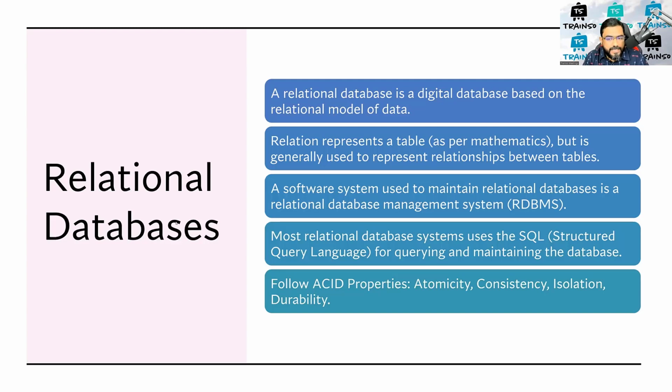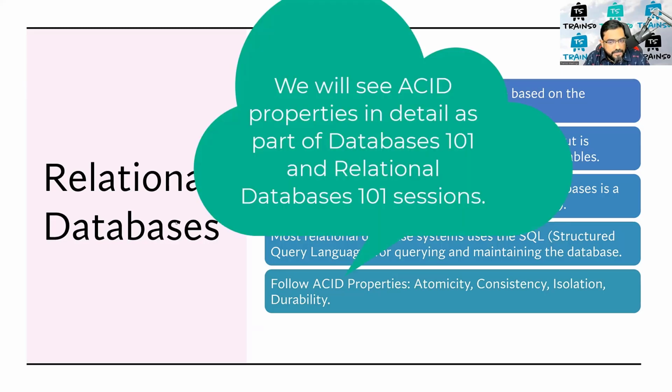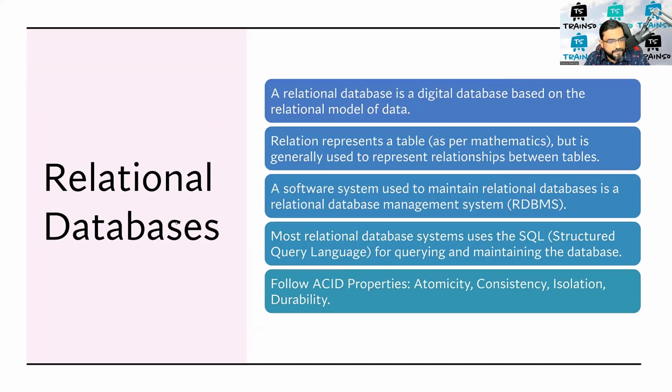And most relational databases use SQL, or structured query language, for querying and maintaining the database. And in general, most relational databases follow ACID properties: atomicity, consistency, isolation, and durability. All of these are needed for something called transactions.